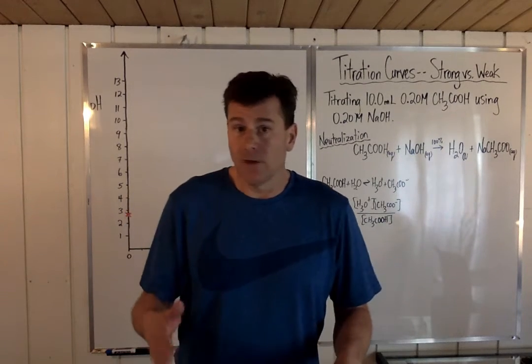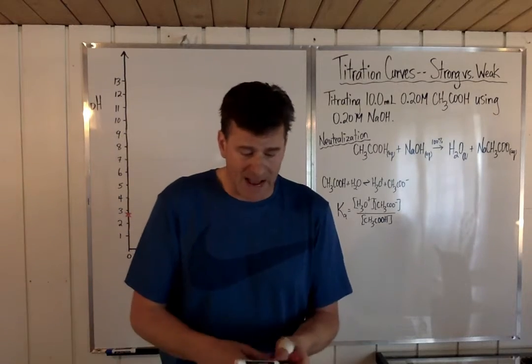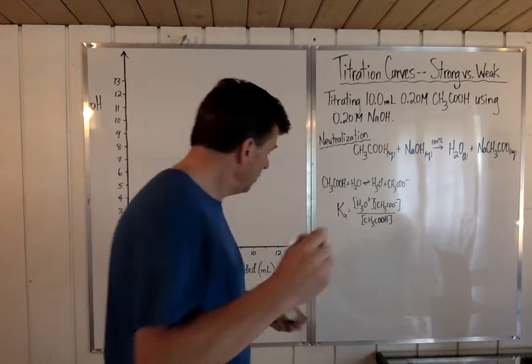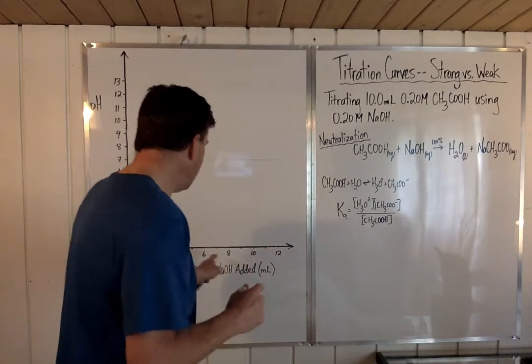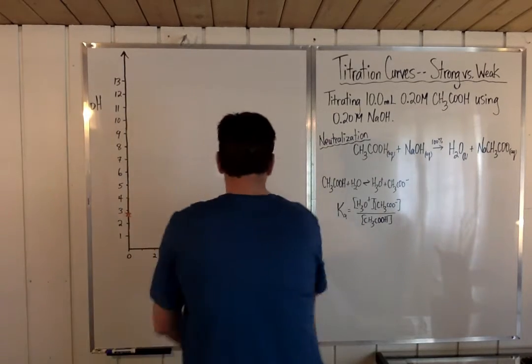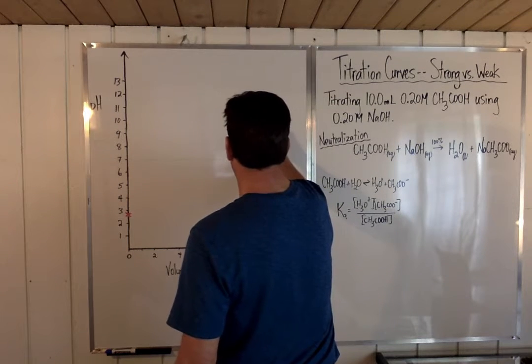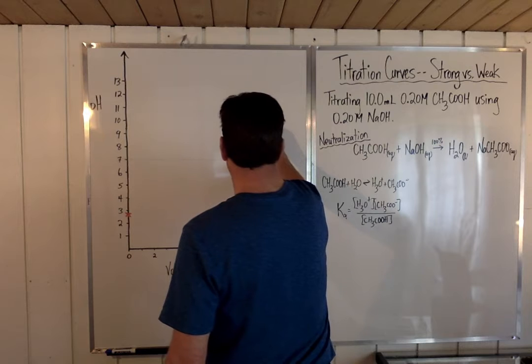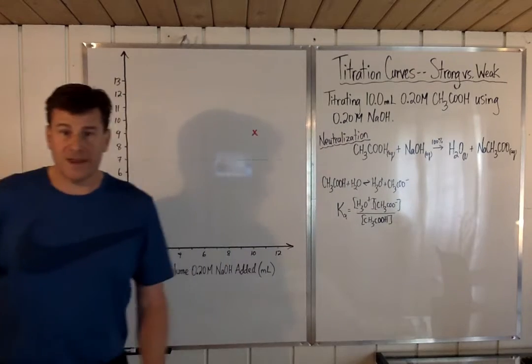So, long story short, the pH at equivalence, when you do all of that math, comes out to 8.87. So at 10 milliliters here, the pH comes out to 8.87, which is right about there.